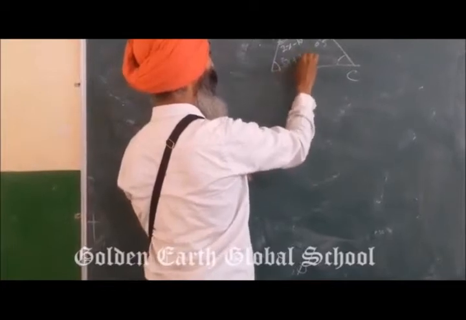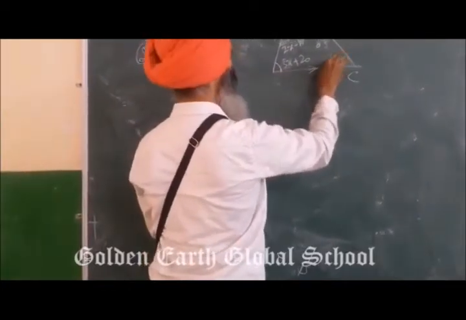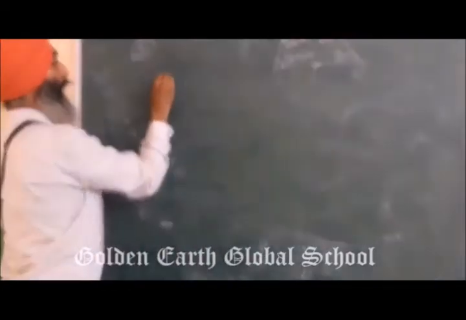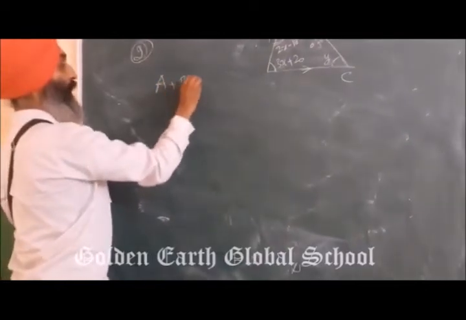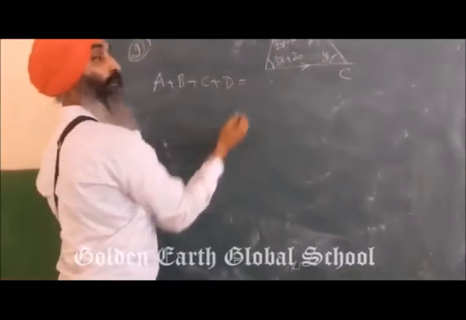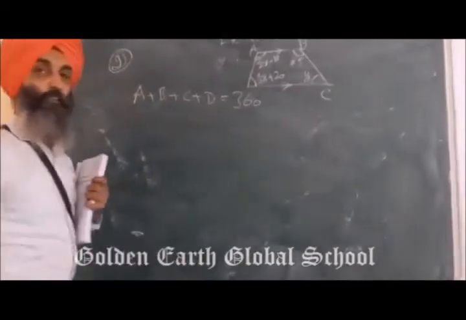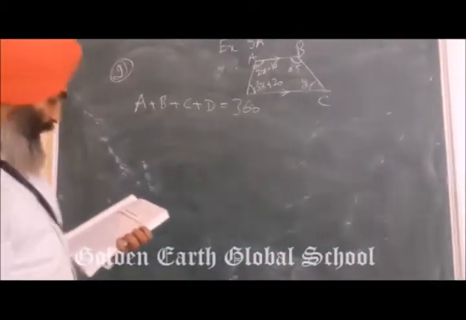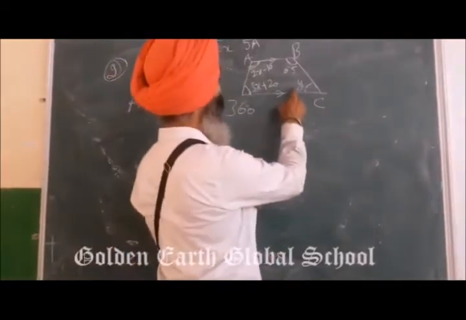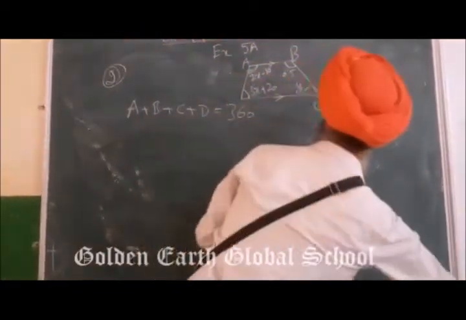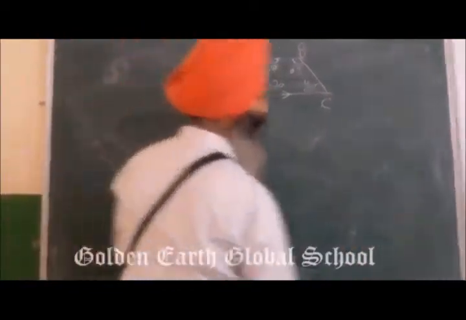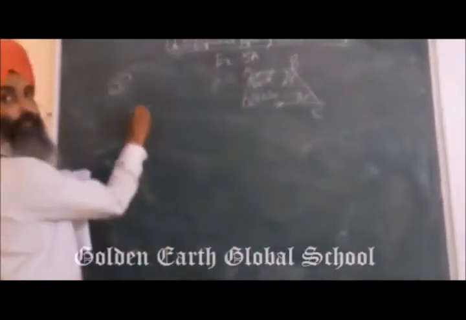You can also do it with the property of 360, because A plus B plus C plus D, as it is also a quadrilateral, the sum of all angles is 360. But here it is y, so you will not do it by this method. You have to apply the same formula with the adjacent angles as we have done earlier.